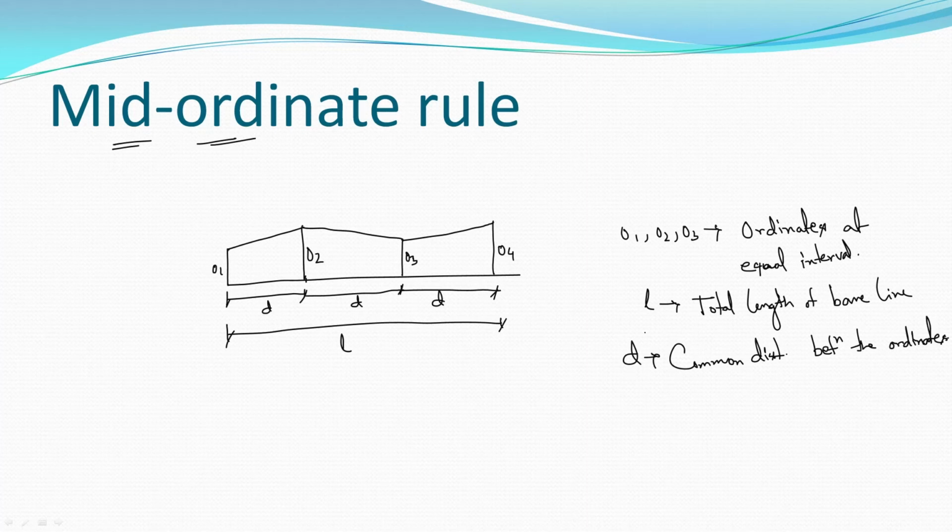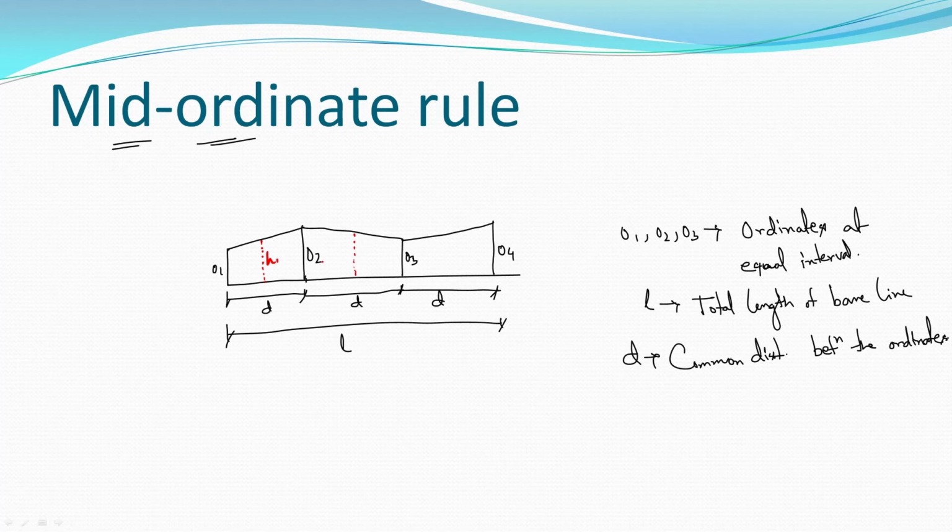Okay. So, let us determine the area of this portion. As per the mid ordinate rule, here we need to determine the value of the mid ordinate. For this particular case, if you consider this as a trapezium, this is the mid ordinate. Suppose this is H1.